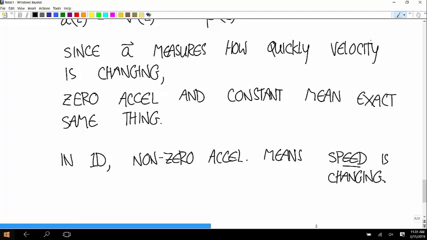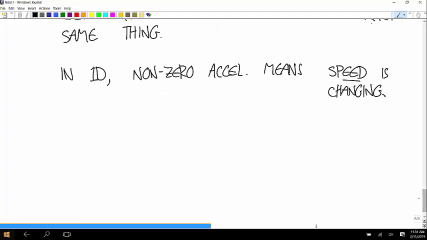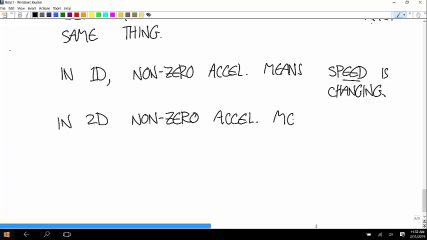In 2D, though, there's two different ways the velocity vector can change because a vector has two properties. You can change its magnitude, that's changing the speed, or you can change its direction. So in 2D, non-zero acceleration means the speed is changing.